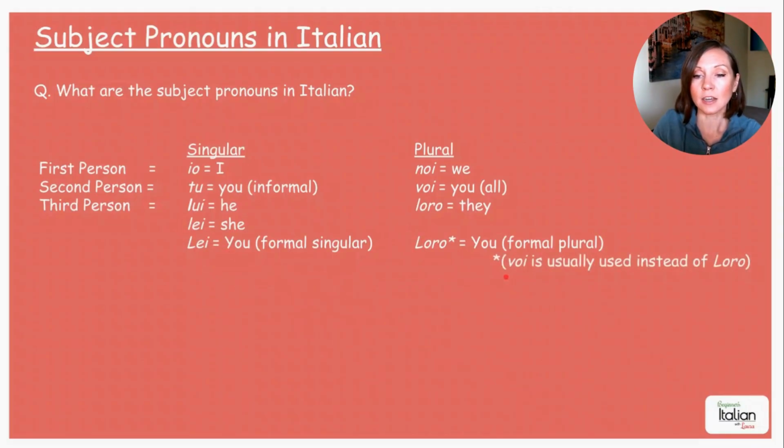Okay, but voi is usually used instead of Loro in everyday speaking. So you're not really going to be using Loro unless you're studying this for business purposes or in university or something like that, where you have to write a lot of formal language. Okay, so in everyday language, you're basically going to be using voi for the plural you.